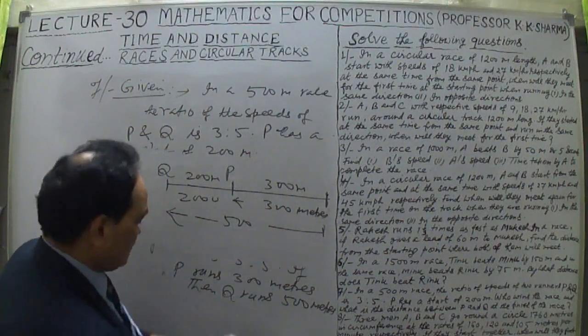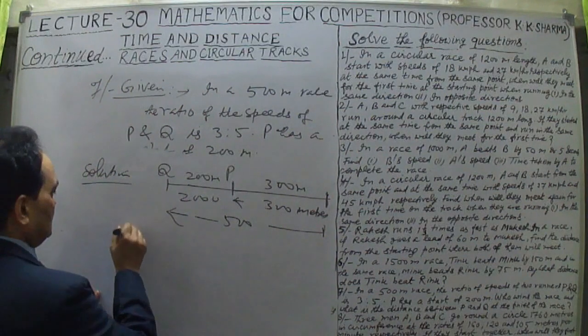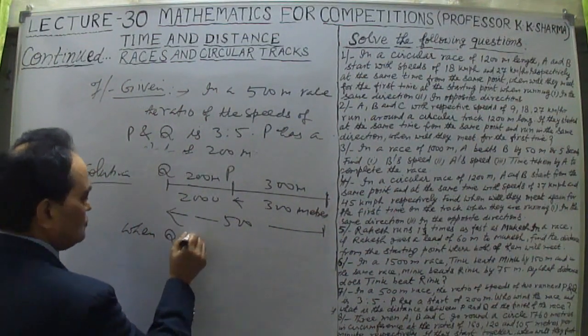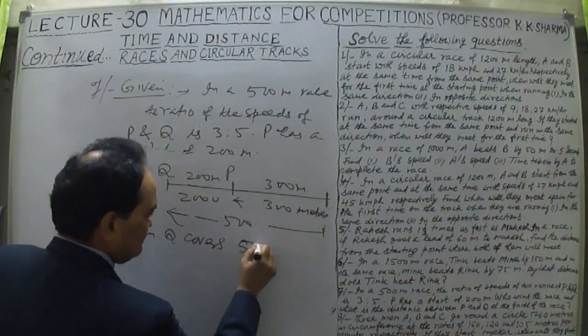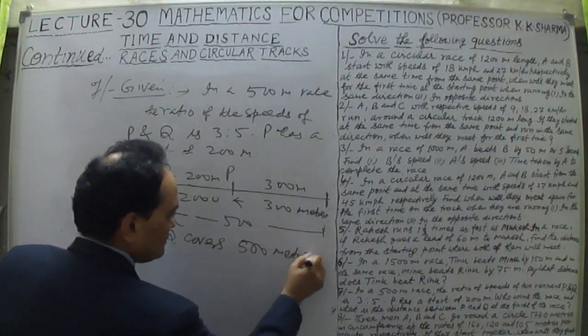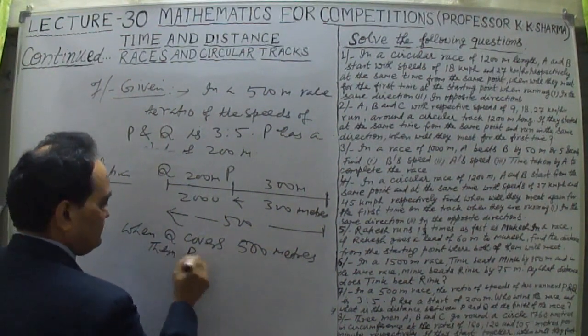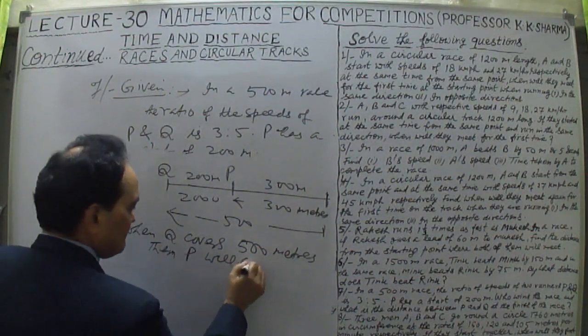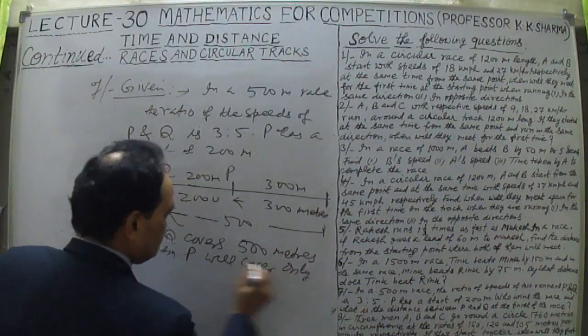Hence, after the 500 meter race, when Q covers 500 meters, then P will cover only 300 meters.